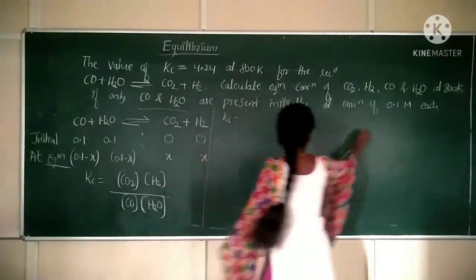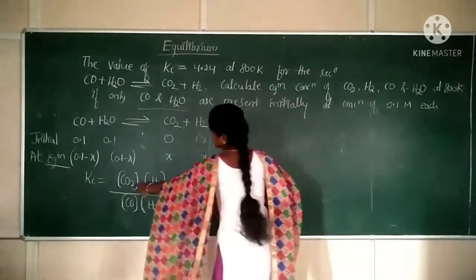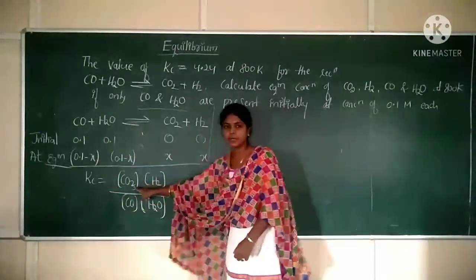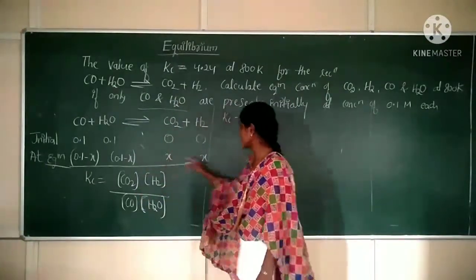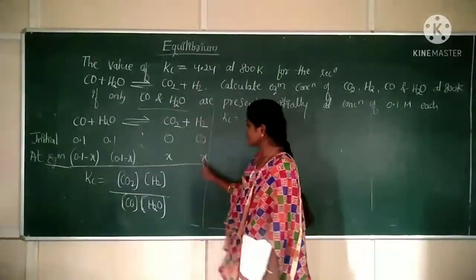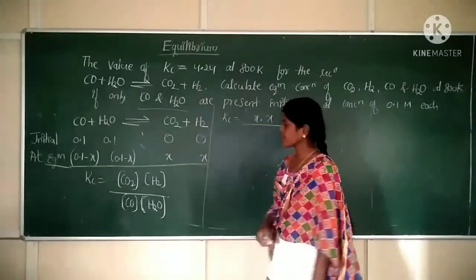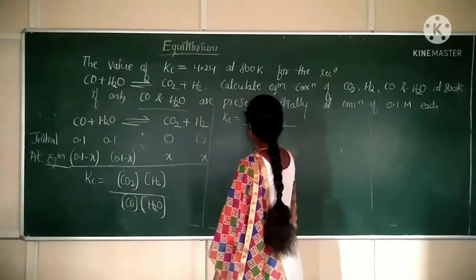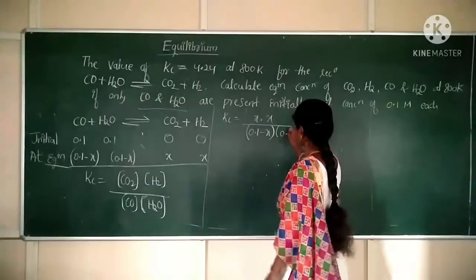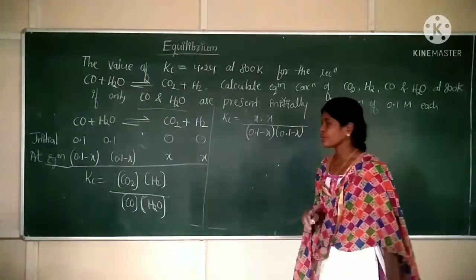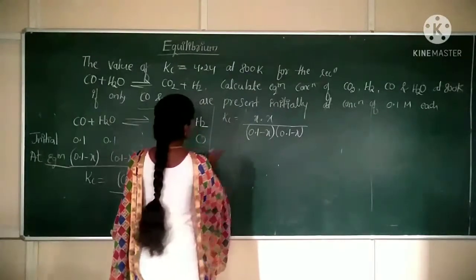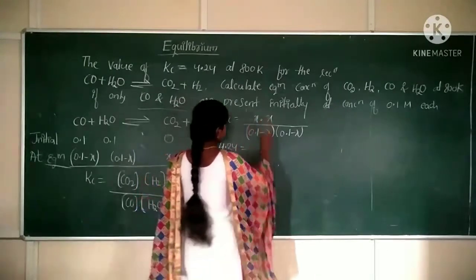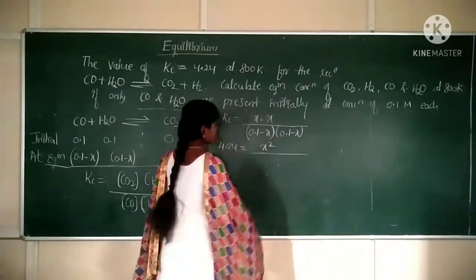Kc is equal to the concentration of CO2 at equilibrium, take the equilibrium concentration, which is x, and the concentration of H2 is x, divided by the concentration of CO, which is 0.1 minus x, into the concentration of H2O, which is also 0.1 minus x. Correct? Now simplify. The given Kc value is 4.24, equal to x into x, x square, divided by 0.1 minus x.